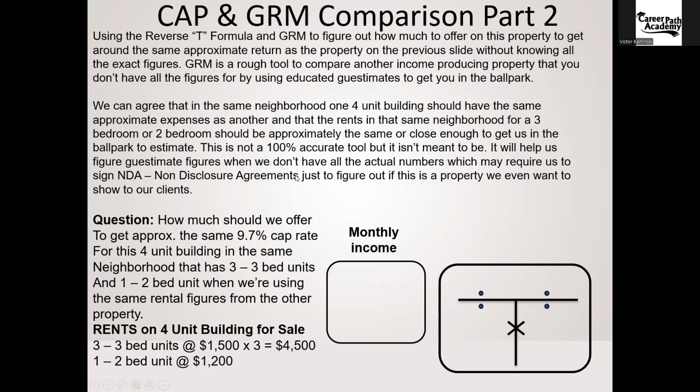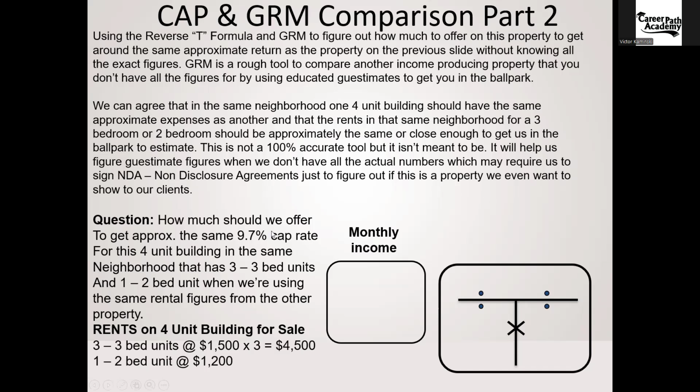Remember, this is a guesstimate using educated guesses. It's not meant to be a 100% accurate tool, okay? But it'll help us figure out guesstimates when figuring out if this is a property that we should even show to our investor purchaser, who's only looking to buy a property if he gets a certain return on the investment.